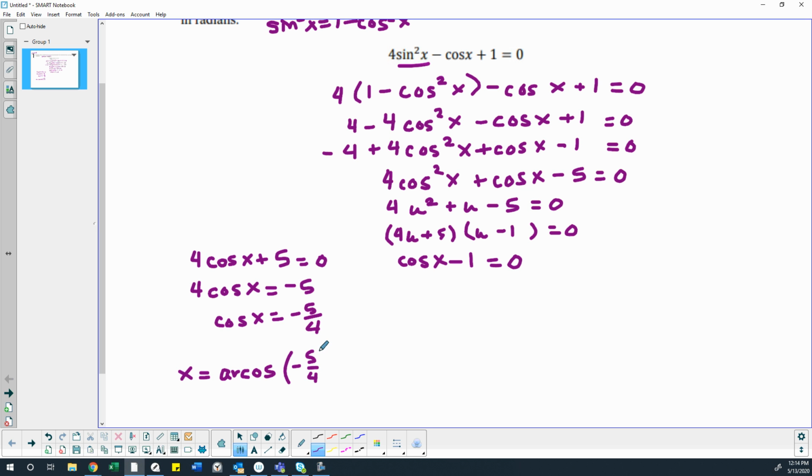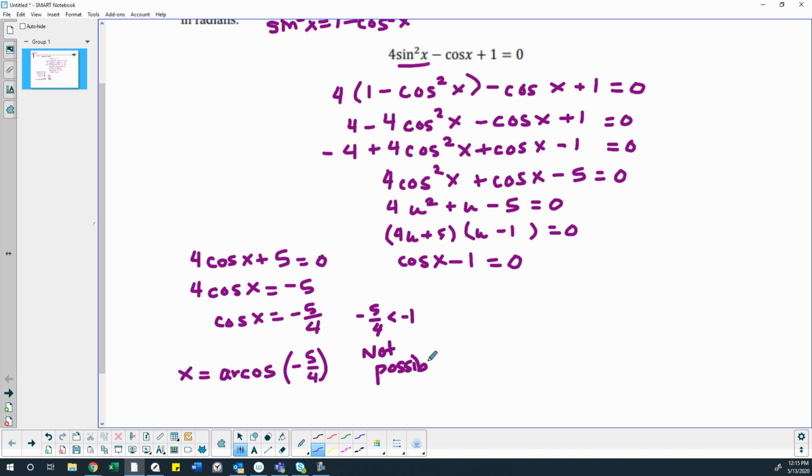Wait. Guess what? Cosine cannot be bigger than 1 or less than negative 1. So negative 5/4 is less than negative 1, so that one's not possible. Right?